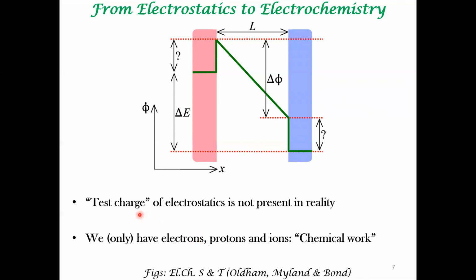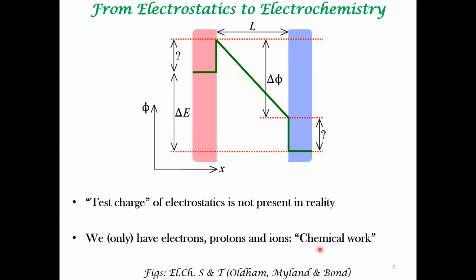While we talk about physical work using a test charge in electrostatics, the work that is addressed in electrochemical systems is chemical work. What I mean by that will be elaborated in subsequent lectures in this course.